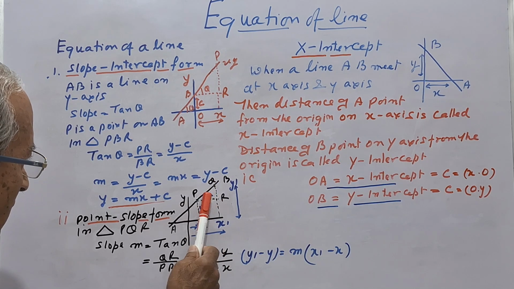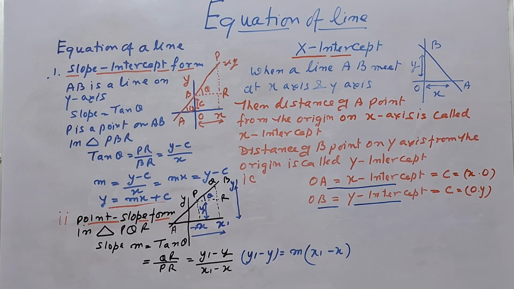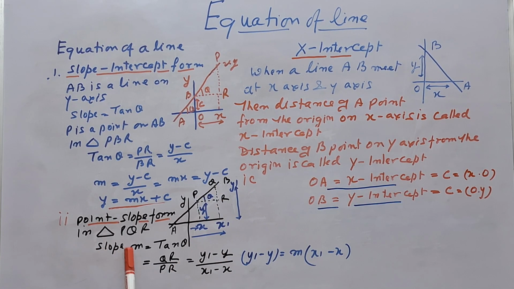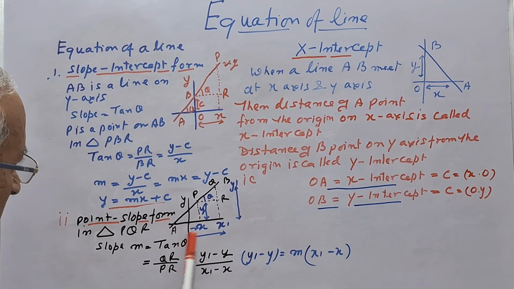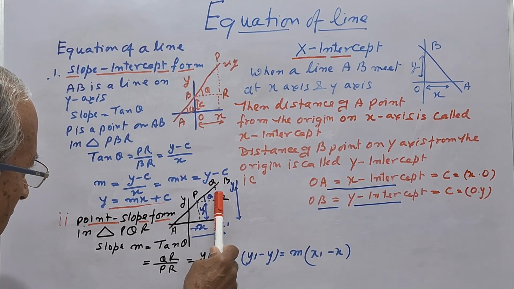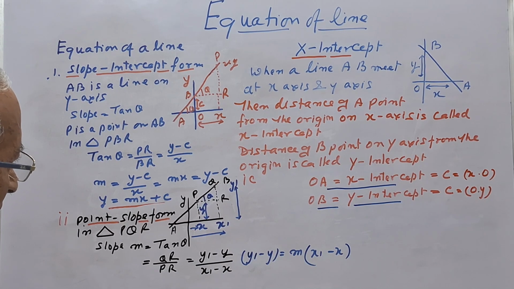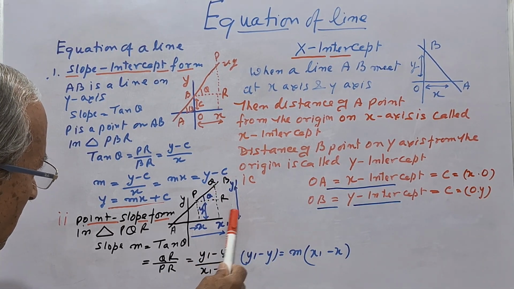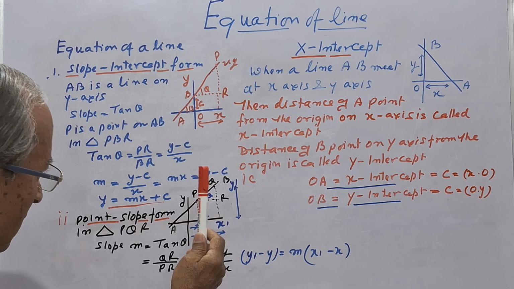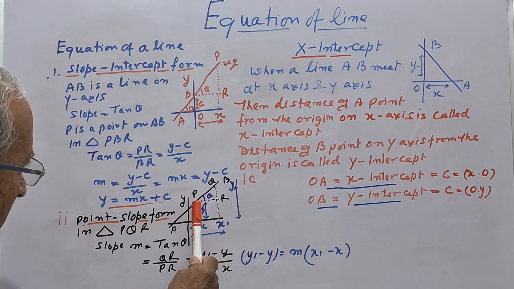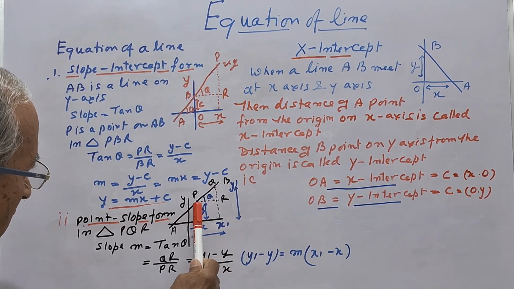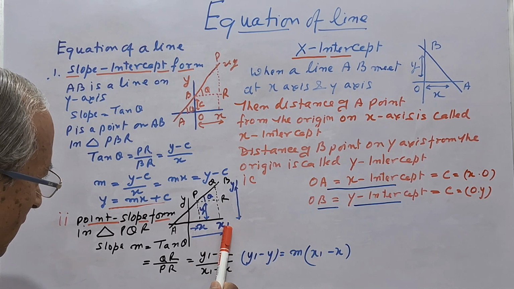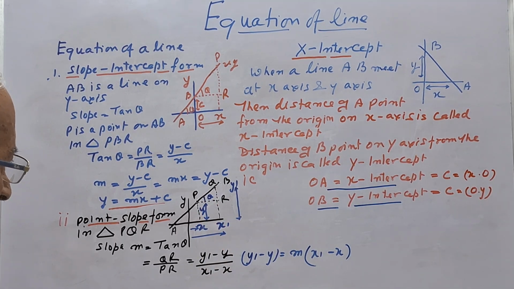In QPR, the slope m is equal to tan theta, and tan theta is equal to QR upon PR. Here QR is y1 minus y, and PR is x1 minus x.